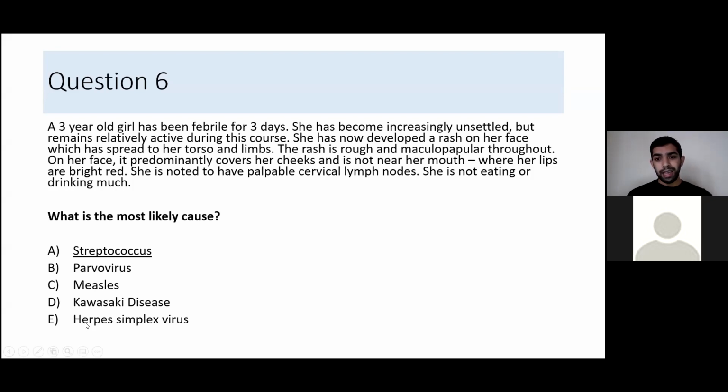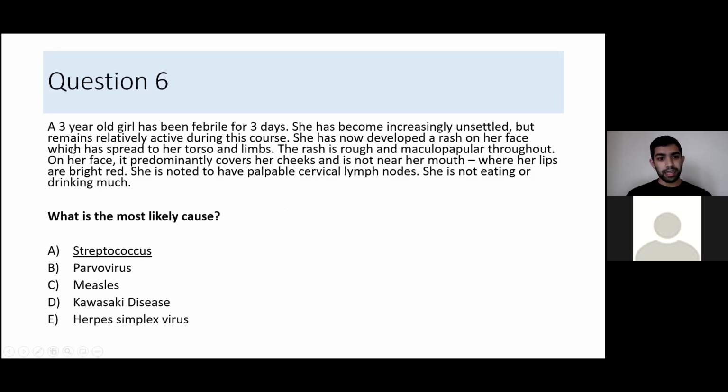Okay. Kawasaki disease, once again, this might have some appearance of Kawasaki disease. The child's been febrile for 3 days, so not the classical 5. And the issue with Kawasaki disease is that children with Kawasaki disease are really, really, really unwell.